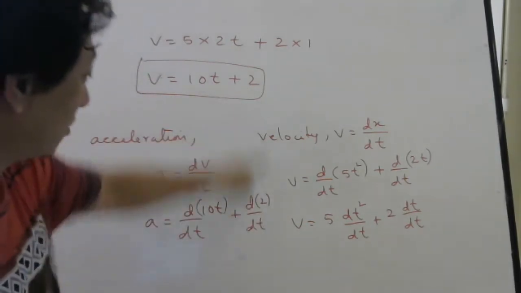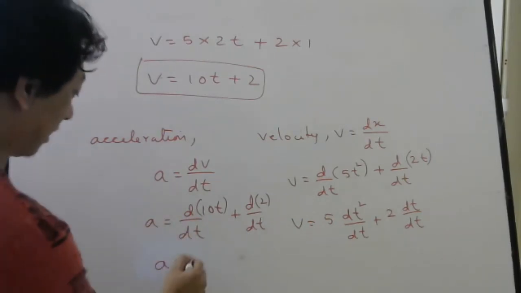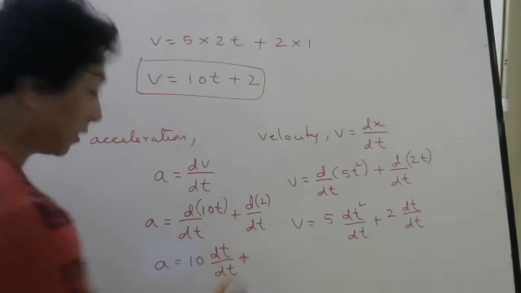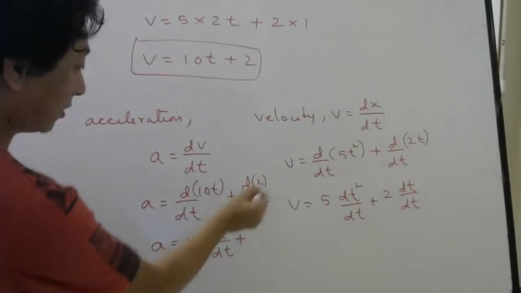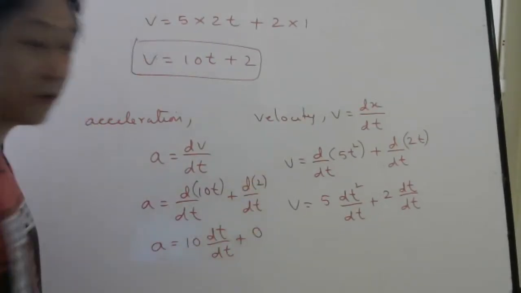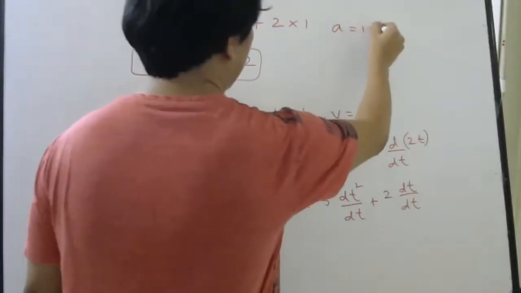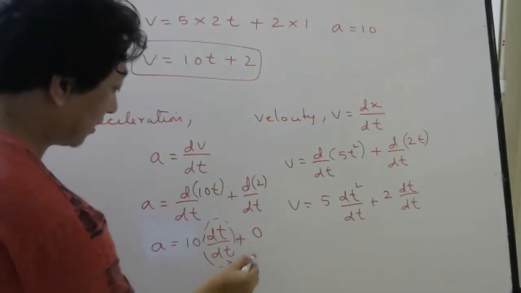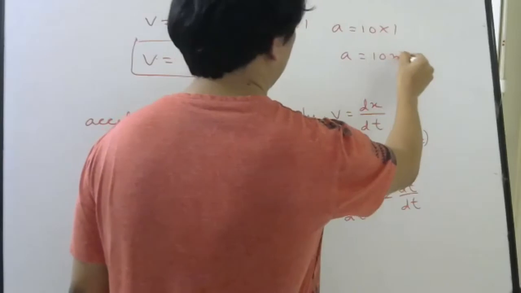Correct? So what will be the acceleration here? 10 will come outside, differentiation of t. And 2 is a constant, differentiation of 2 is 0. So acceleration will be 10 into 1. So this is 10 meter per second squared.